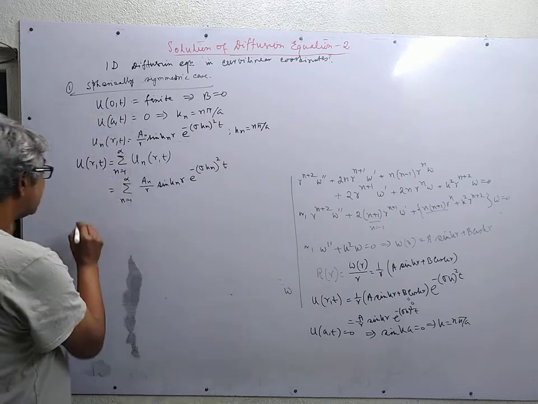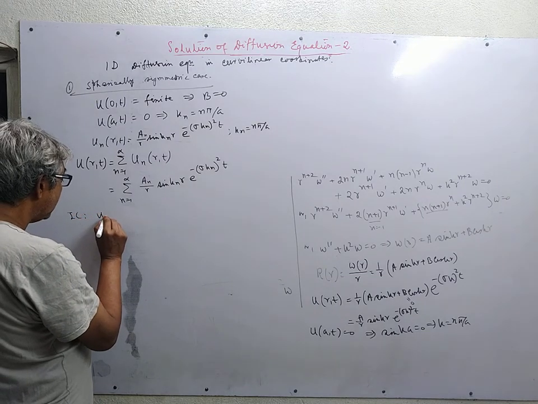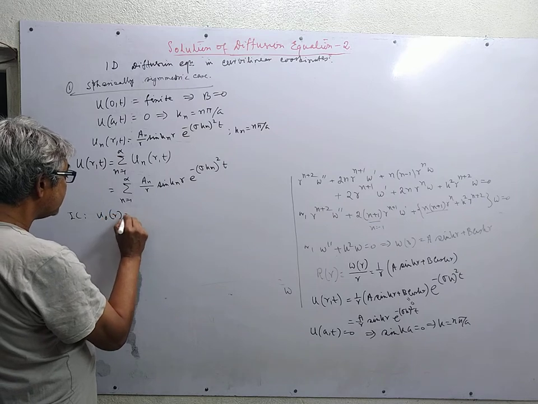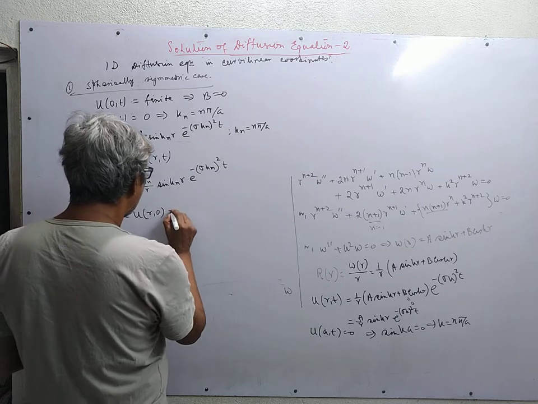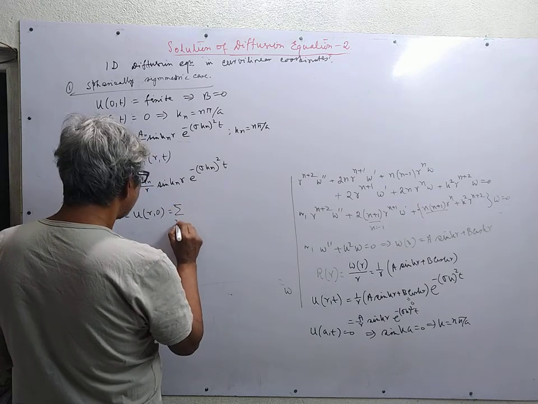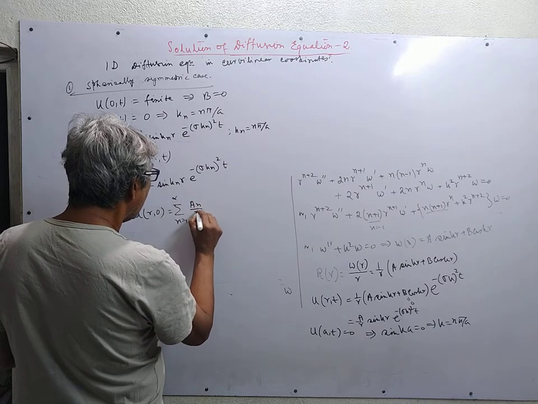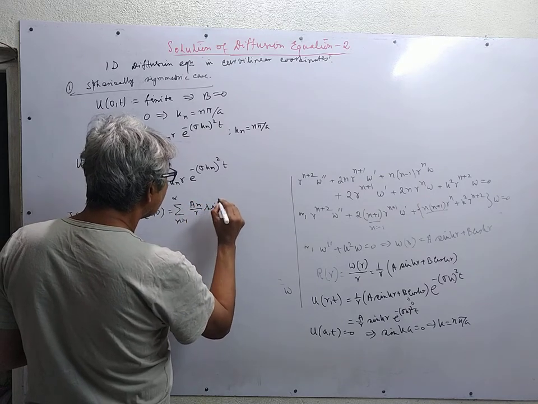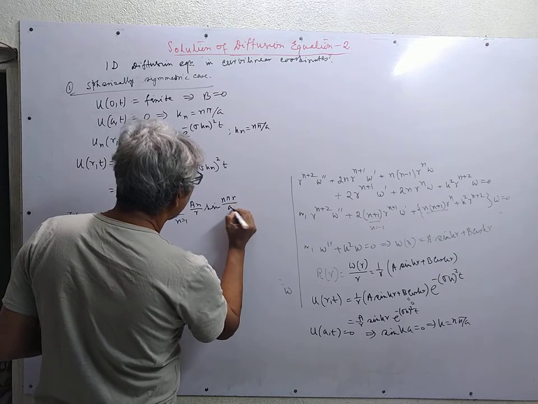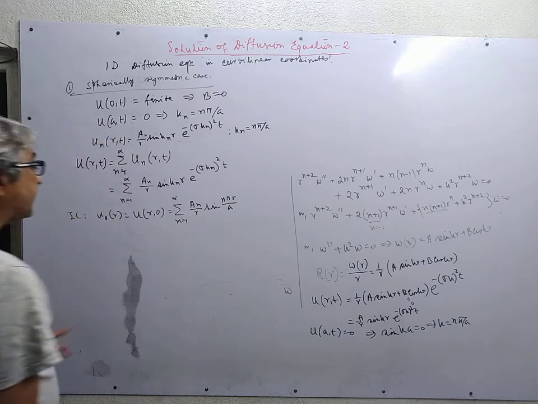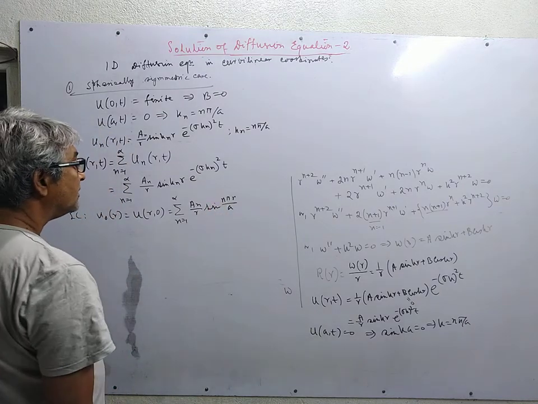The initial condition is supplied as u of 0,r is equal to u at r,0. This is equal to summation over n is equal to 1 to infinity a n r sine of k n, that is n pi r by a, and we can get a n from this solution.